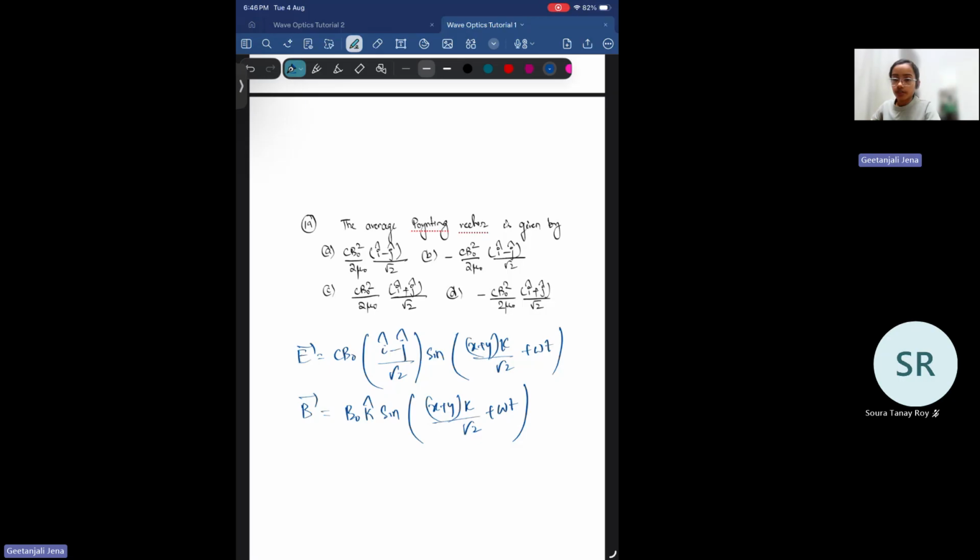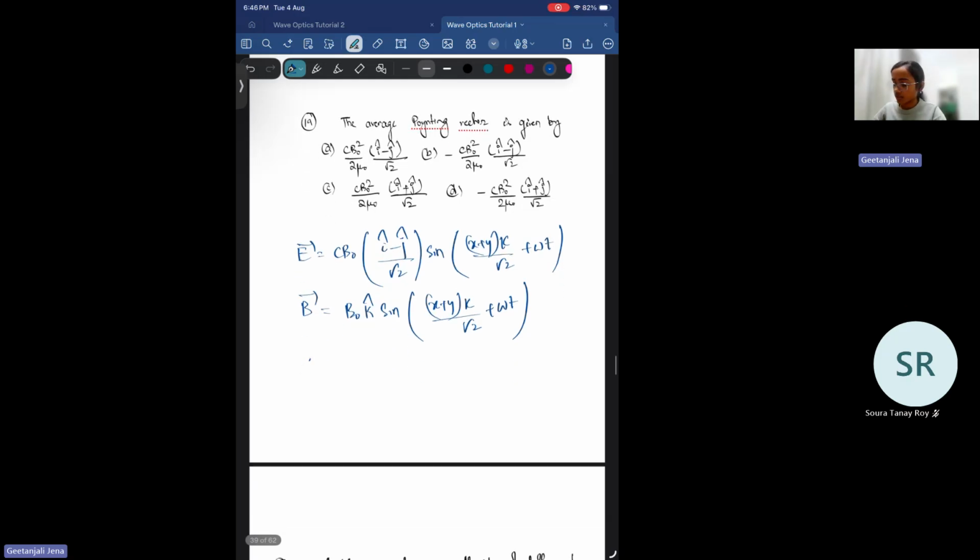Using this, you need to find the average Poynting vector, or what we call the intensity of the wave.